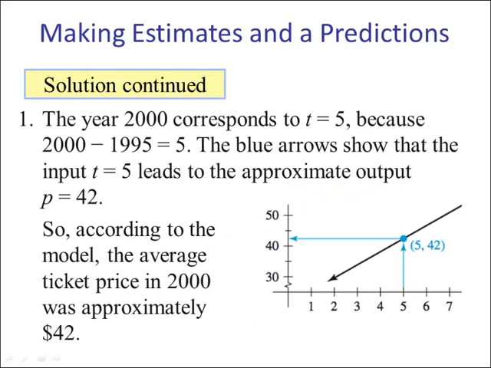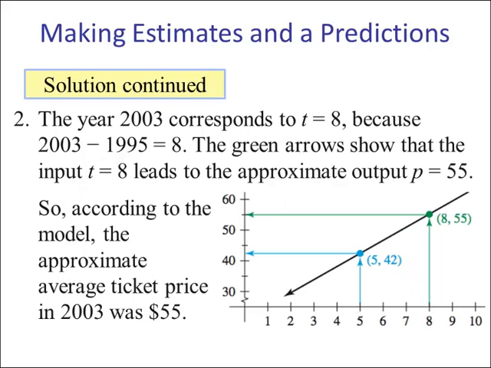So for number 1, the year 2000 corresponds to T equal to 5, because 2000 minus 1995 is 5 years since 1995. So if we look at the blue arrow, when T is 5, we have our predicted P being 42. How we would interpret it, we would say, according to the model, the average ticket price in 2000 was approximately $42.